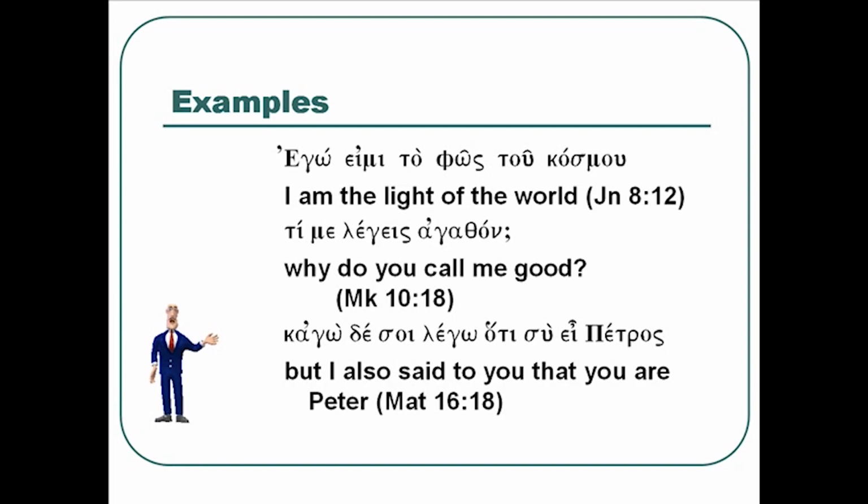And you can see the kago, and I. Then the de is postpositive, so you pull that up front. But I also said to you, soi, to you. Hoti is that. Su is you. Ei means are. Petros, Peter. So you can get a sense of how these personal pronouns are used in actual sentences.